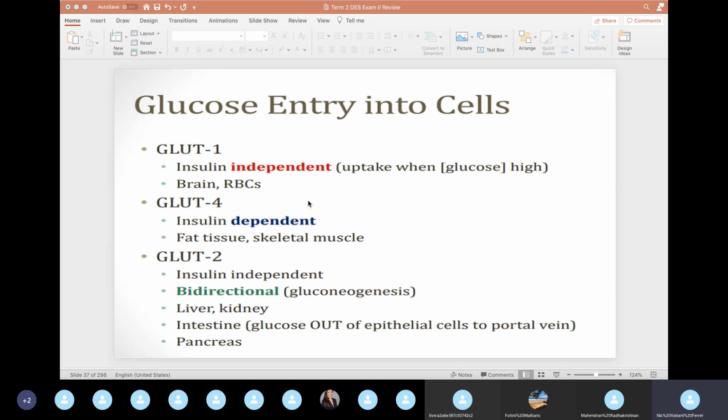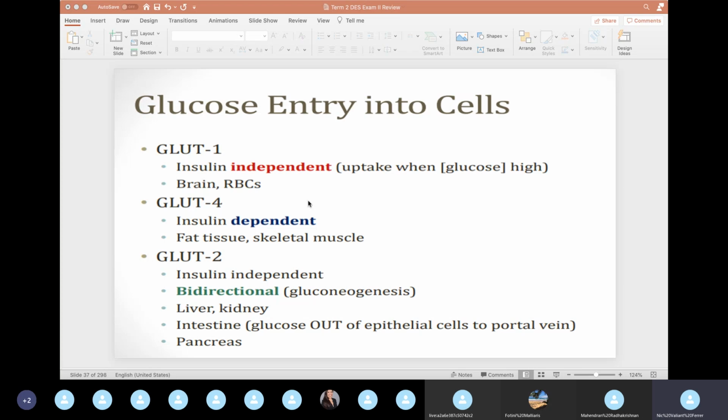So again, GLUT1, they only get glucose when you have a high concentration of glucose in the blood. So your brain and your RBCs, they have GLUT1 receptors, insulin independent. GLUT4, they are insulin dependent, right? So the uptake when the glucose is low.